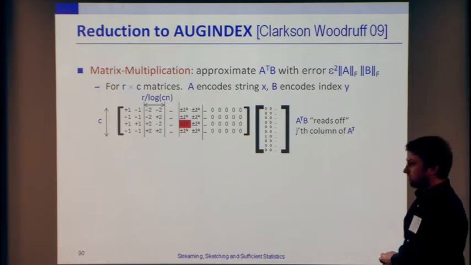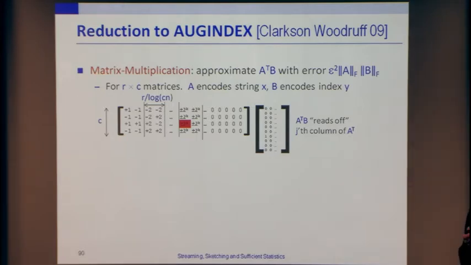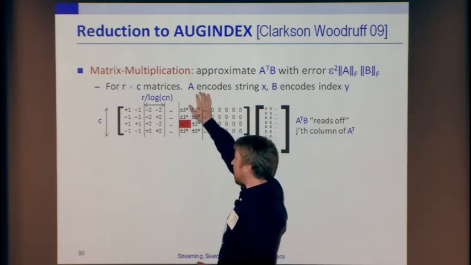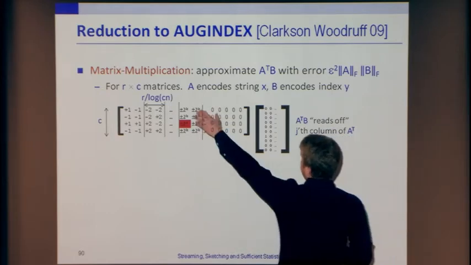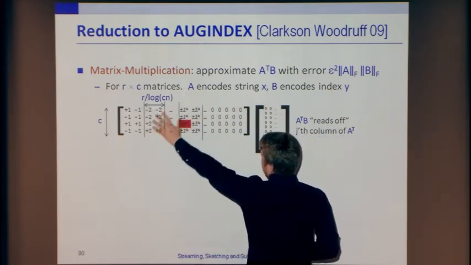What we do is again the same kind of thing we've already seen a few times. We're going to take some input and use it to code up an instance of the problem. So in this case, we take our input to augmented index, where Alice has string x, and make a matrix A that encodes that.